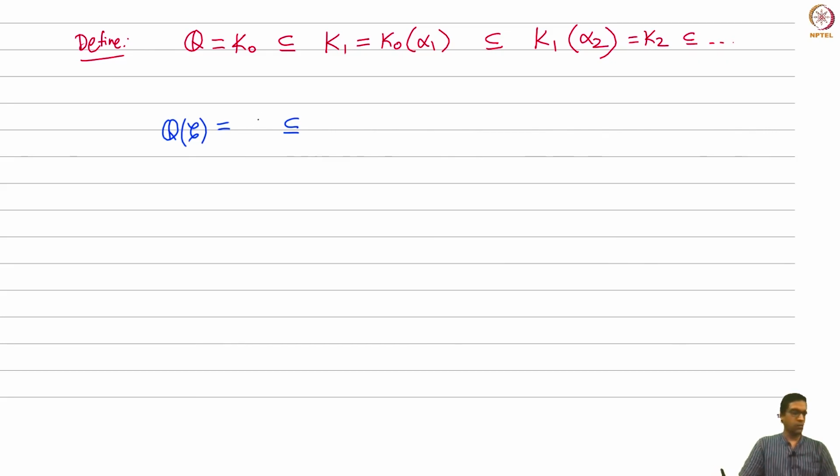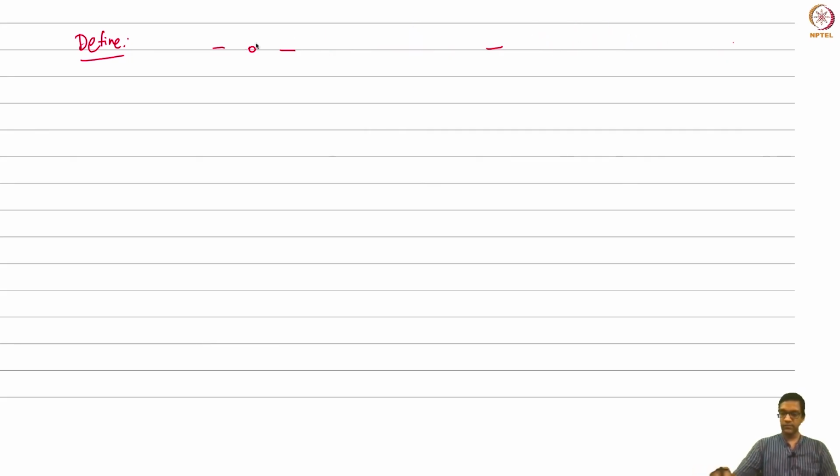So this is one additional step that I need. So instead of the tower Q, Q(alpha 1), Q(alpha 1, alpha 2) and so on, this was the original tower that we had.